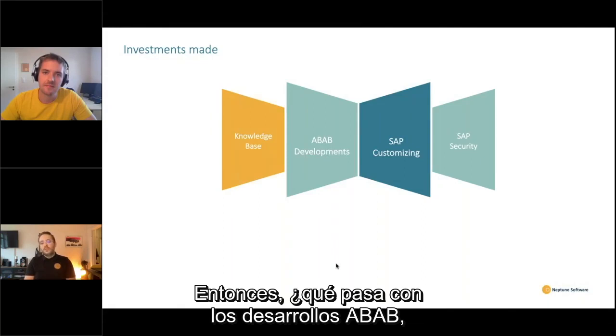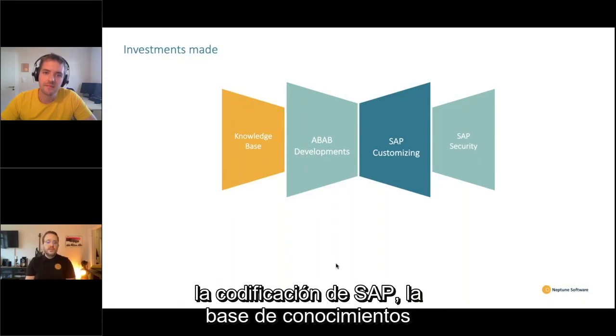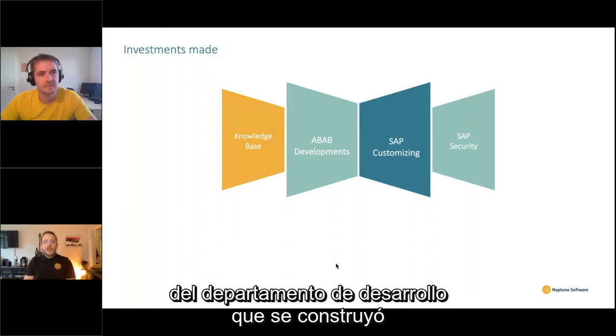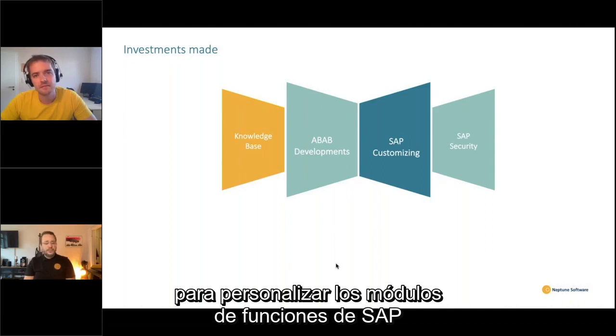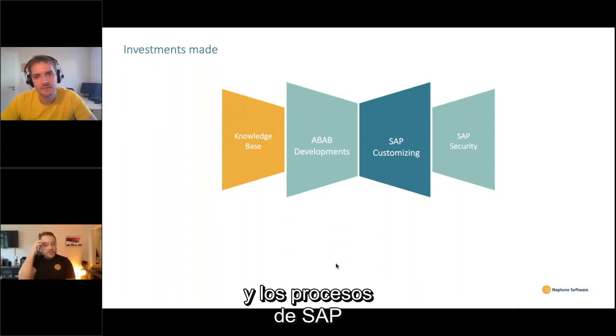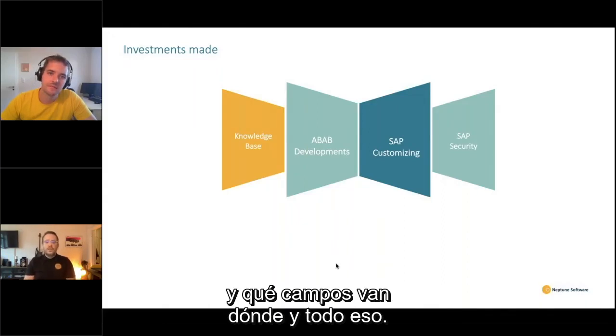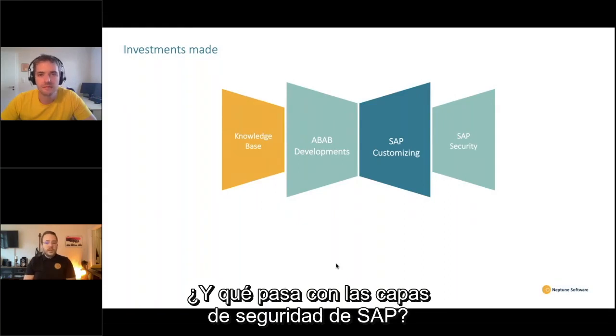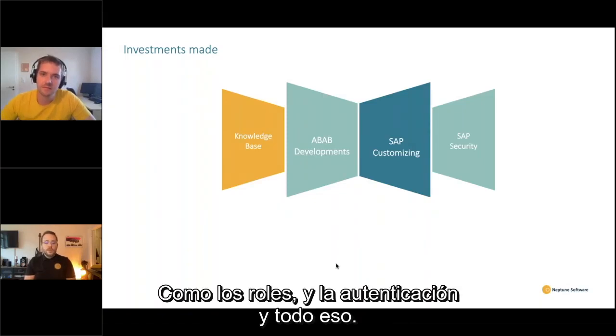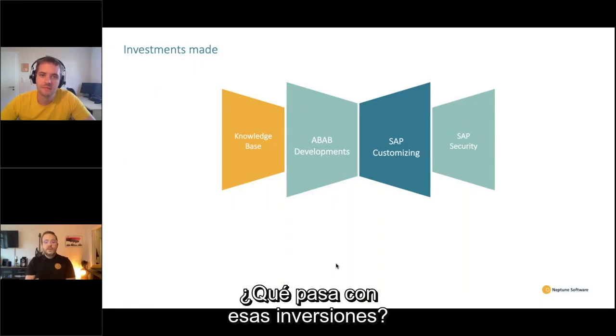What happens to the ABAP developments, the Z coding, and the knowledge base of the development department that was built up to customize those SAP function modules and SAP processes used by the business? The business knows how to use them and what fields go where. And what about the SAP security layers, like the roles and the authentication? What happens with those investments?